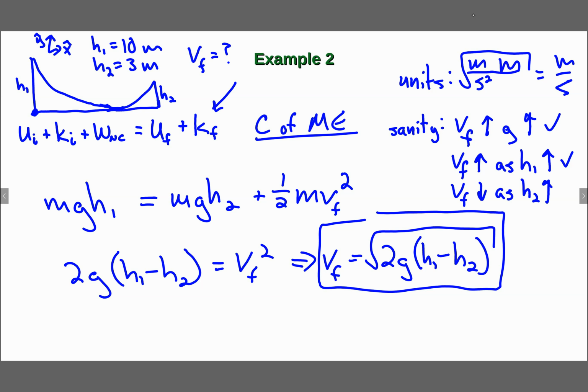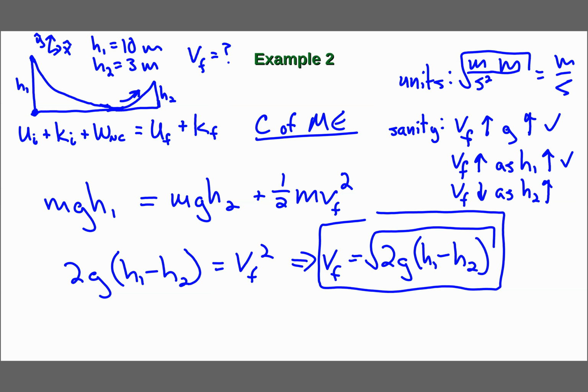If I made the ramp taller with the same acceleration from gravity, then I would be going faster when I got to the bottom of the ramp, right? That makes sense. And then my speed goes down as h2 goes up. So if I make this launch ramp taller and taller, I go slower and slower off the bottom of it. Well, that's because I have to go uphill, right?